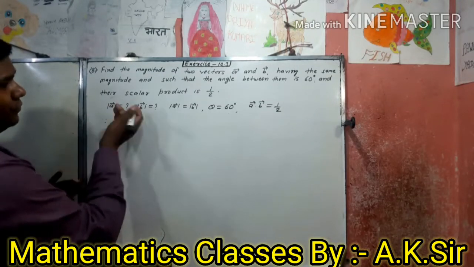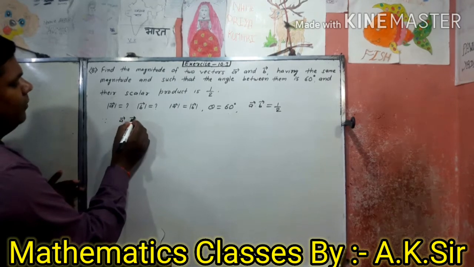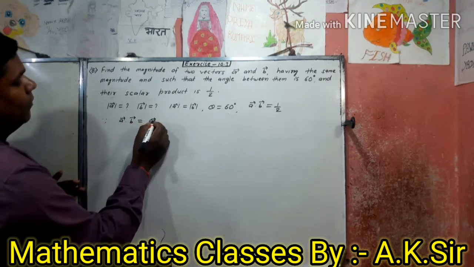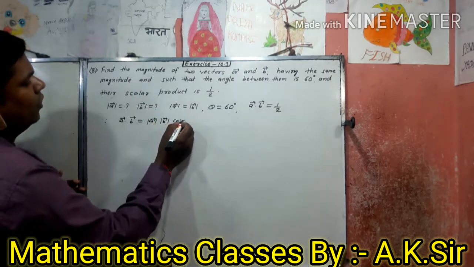We know that A vector dot B vector is equal to magnitude of A vector into magnitude of B vector into cos theta.